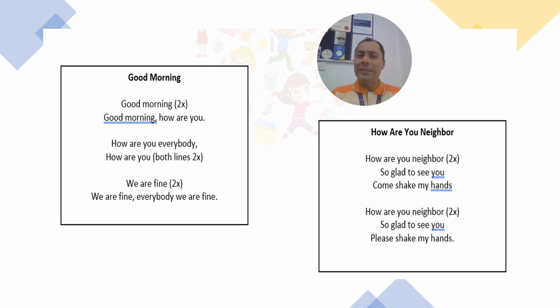Feel free to modify the songs to your context and whatever you're teaching. Some of the songs you might say have nothing to do with my topic. That's okay. You may choose not to use them. But if you want to use the songs, rhymes, and jingles, please feel free to use and modify them. Have your own creativity embedded in each of these songs, jingles, rhymes, or circle time activities with your children. They're lots of fun.